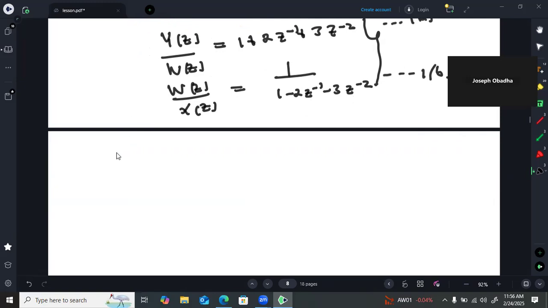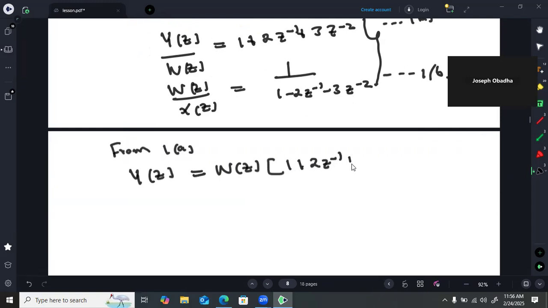From 1A, we can clearly see that Y of z would be equal to W of z into 1 plus 2z negative 1 plus 3z negative 2.